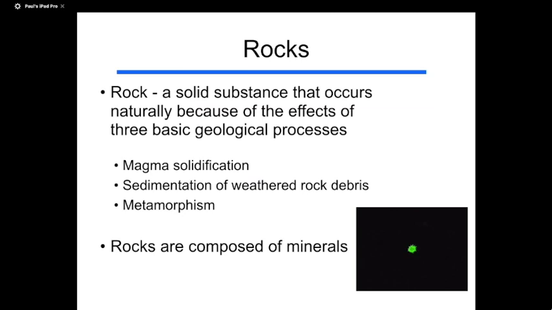A mineral is an ionic compound, and in halite's case you have only sodium and chloride, just sodium chloride all over. There is only one kind of compound in here, so it is not a rock because it's not a mixture.